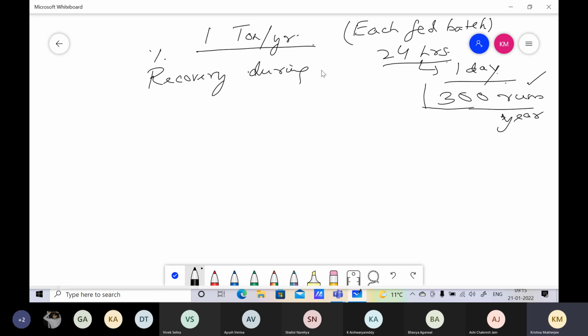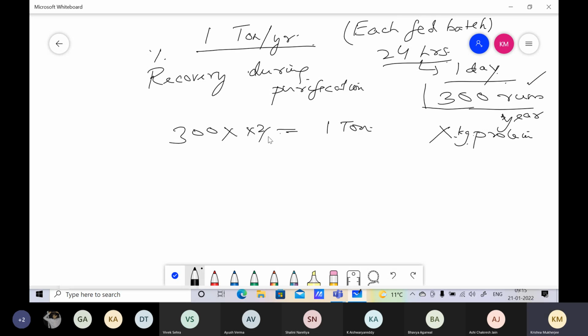So if it produces X kilograms of protein per run, let us say 300 into X is the amount of protein produced per year, that is equal to 1 ton. And let us say that the recovery is 2/3. Let us say recovery during purification is 66%.